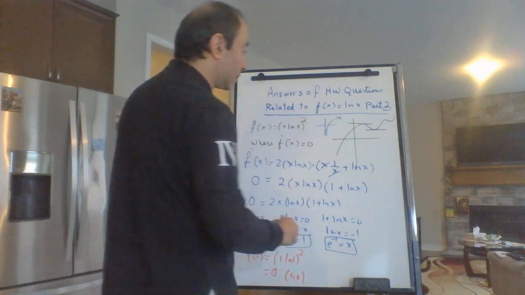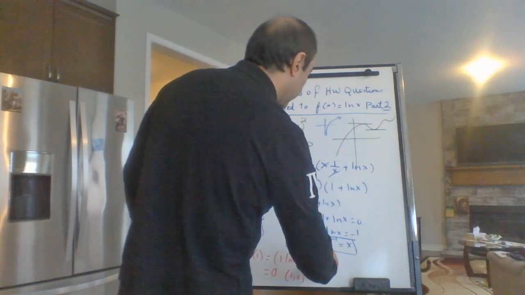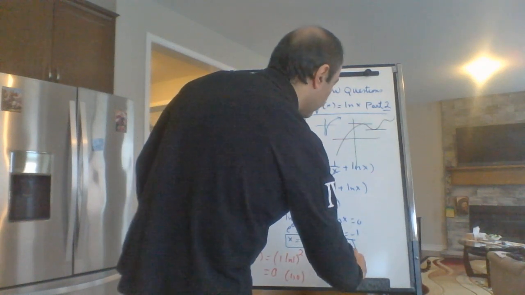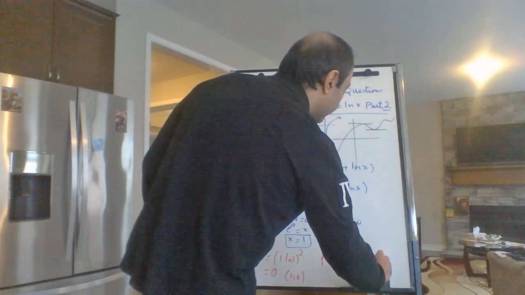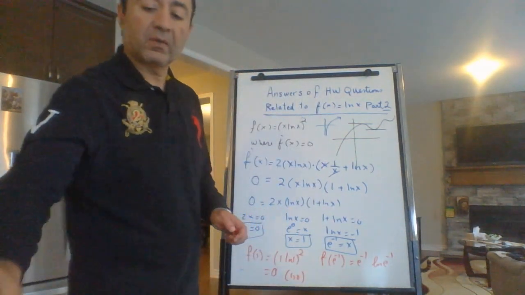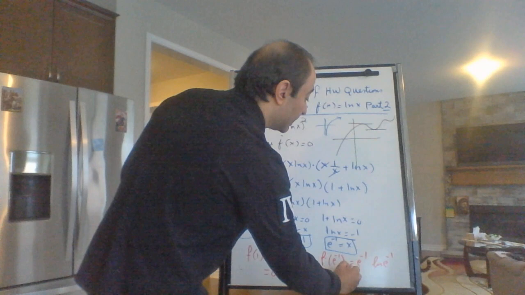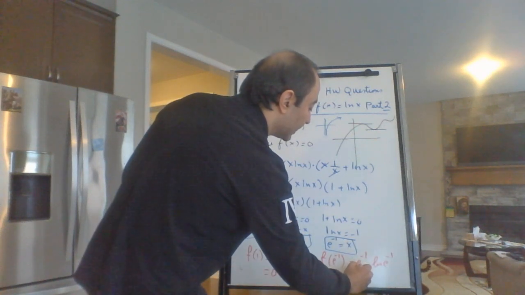The second point: I will find f of e to the power of negative 1, which will be e to the power of negative 1 times ln e to the power of negative 1, squared. Ln e to the power of negative 1, if I use the power rule, I can send the negative 1 to the front, and ln e will be 1, so it will be negative 1.